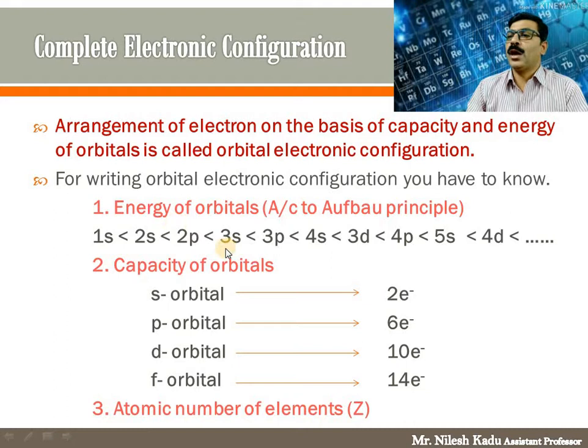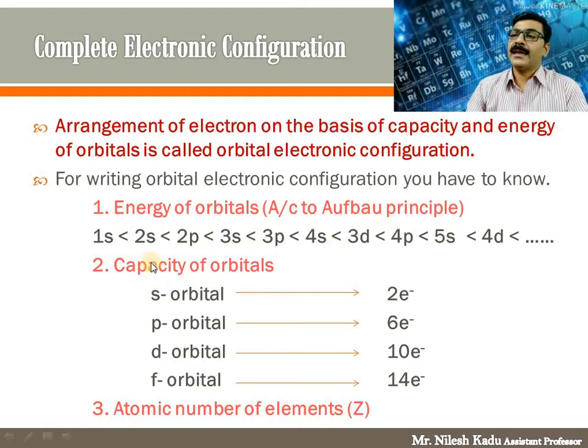In this way you have to fill up 3s, 3p, 4s, 3d, 4p, 5s, 4d. Means according to the energy of orbitals you have to fill up the electrons in the orbitals. Now this is the first thing, and it is very important.